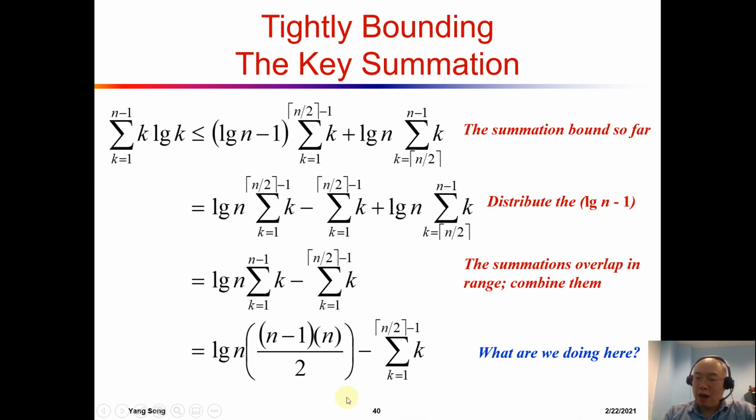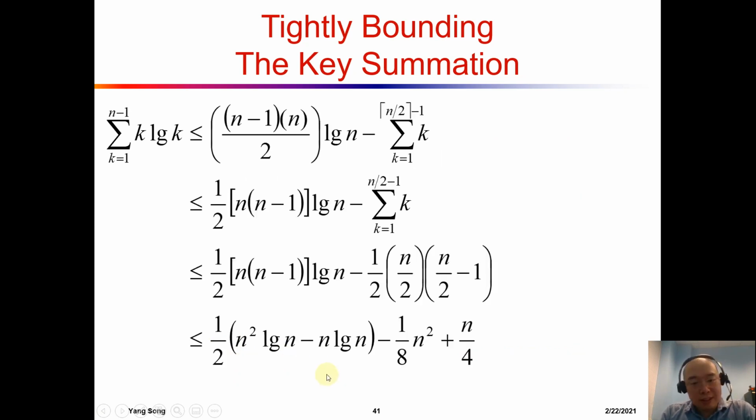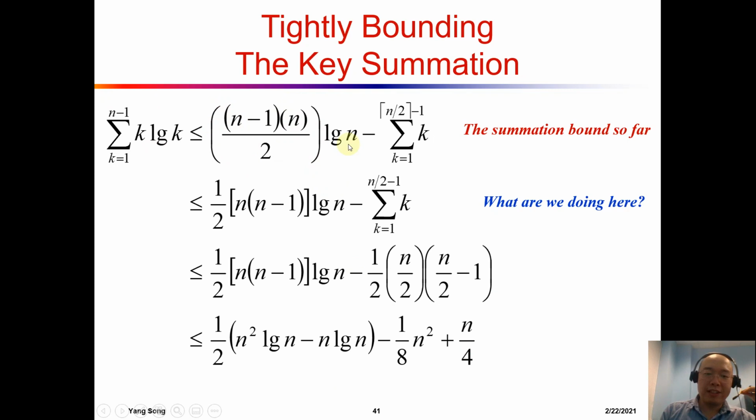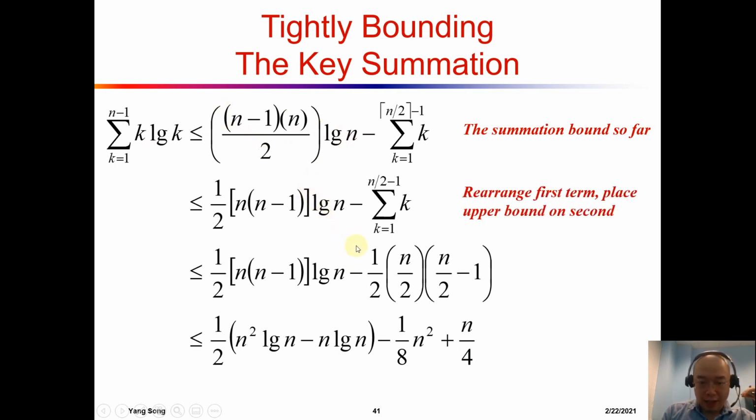And how can we do that? That is the Gaussian theory, right? That's a sequence of the natural numbers 1, 2, 3, all the way up to n minus 1. And what's the sum? The sum will be n minus 1 multiplied by n and divided by 2. So that's the Gaussian theory. Then we just massage the first term a little bit, and after that we work on the second summation.